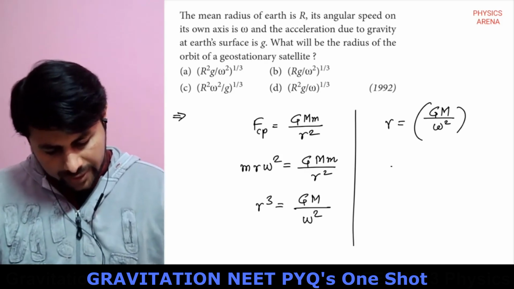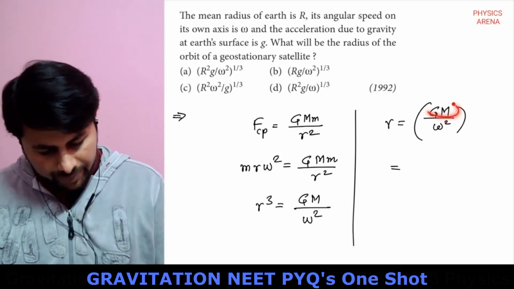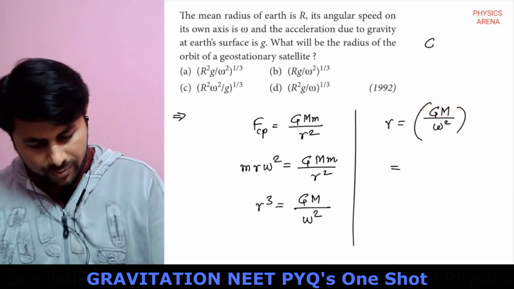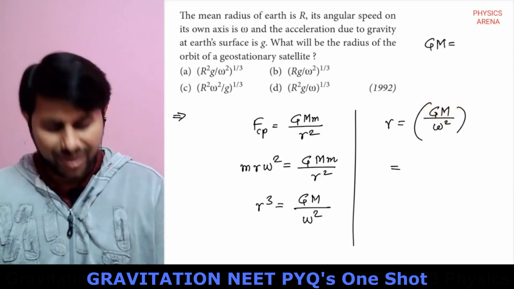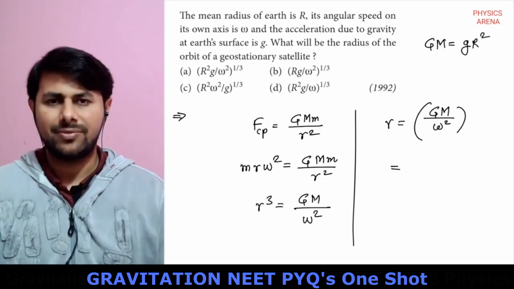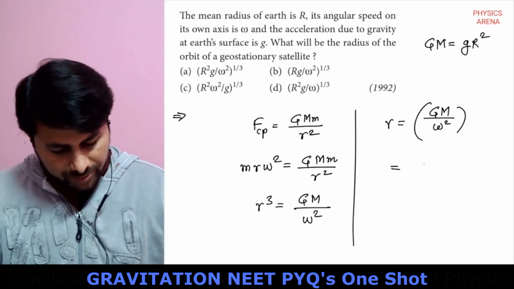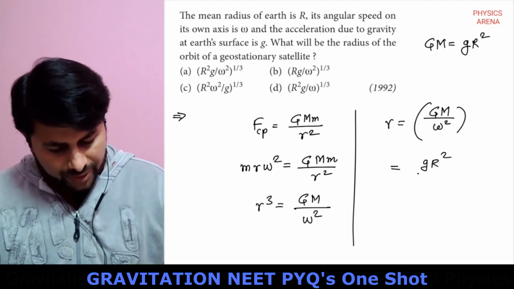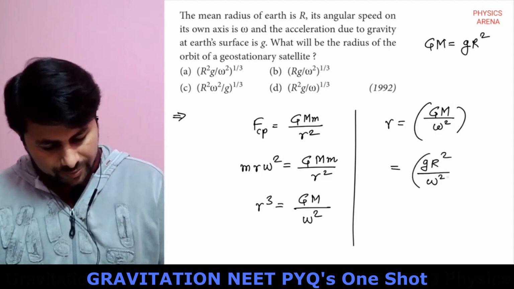Then we can substitute in place of GM the regular trick. So GM is equal to gR square. If you substitute that, r cube is gR square upon omega square.